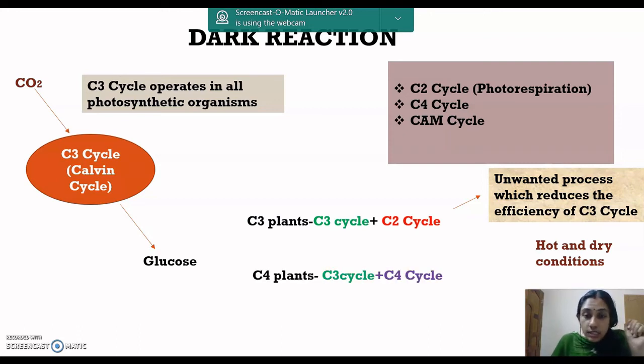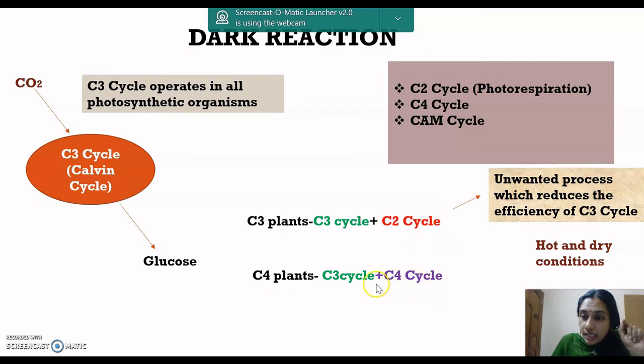C4 plants. First, C4 plants. C4 plants possess an adaptive cycle, C4 cycle. This is operating along with C3 cycle. Here C4 cycle is actually an adaptive cycle which is operating along with C3 cycle for the purpose of preventing C2 cycle. So what is the function of C4 cycle?